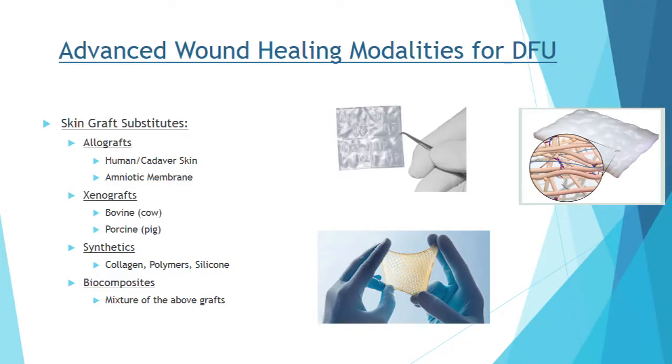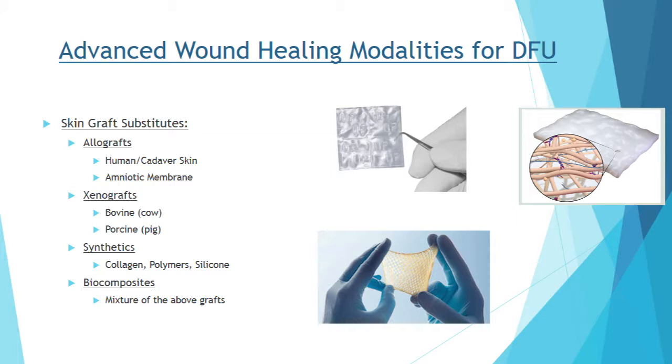And again, xenografts are very, very affordable, and they're very, very effective with healing wounds. Lastly, synthetic and biocomposites. Collagen, polymers, silicones, all things that I use for my larger cases when I'm trying to get coverage of bone or tendon or structures that are super at risk for developing an infection.